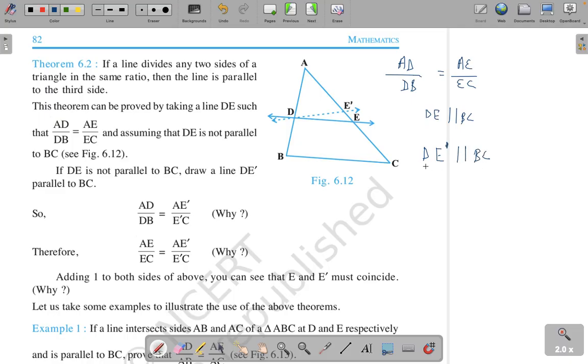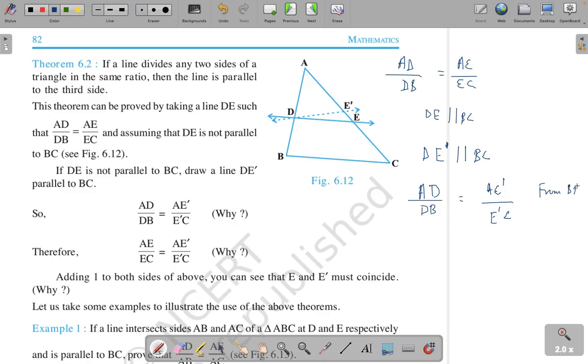If DE dash is parallel to BC, you can apply BPT, which you have already studied, or theorem 6.1. So you can write AD upon DB is equal to AE dash upon E dash C. This is from BPT.